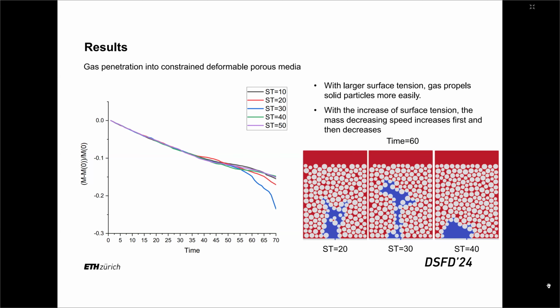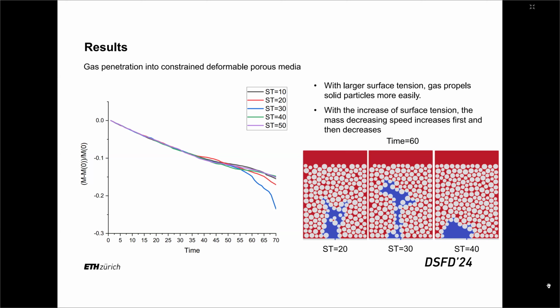We can find that when the surface tension coefficient is small, the gas tends to form a sharper bubble, and for the large surface tension, the gas tends to form a round bubble.